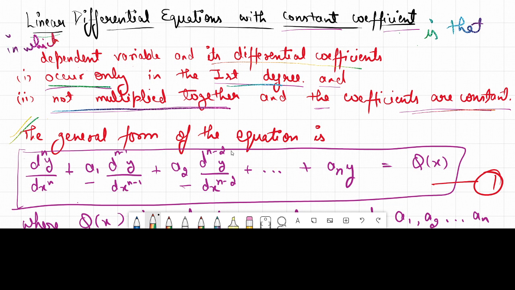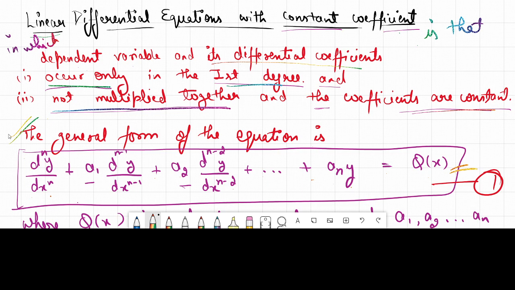The general form of the equation is d^n y by dx^n plus a1 d^(n-1) y by dx^(n-1) plus a2 d^(n-2) y by dx^(n-2) plus dot dot dot plus an y is equal to Q(x). This is the general form of the equation.